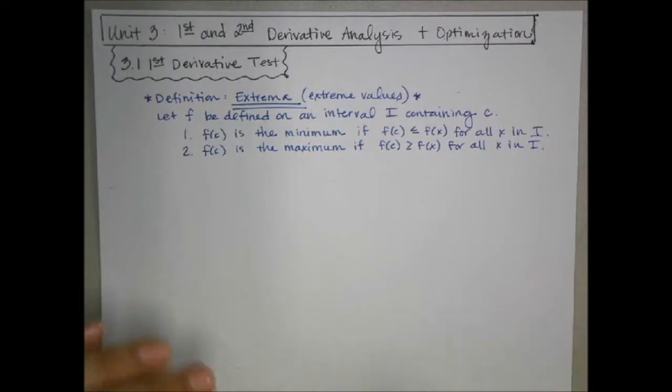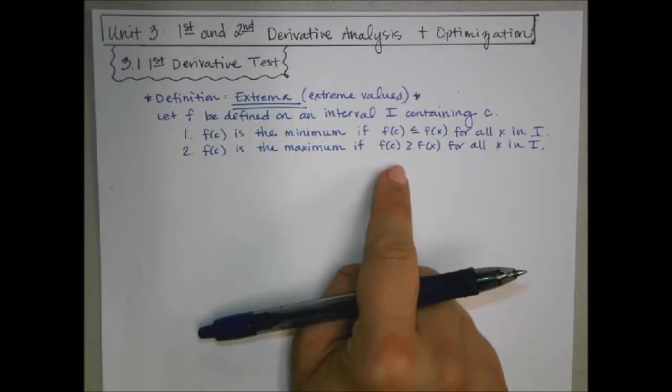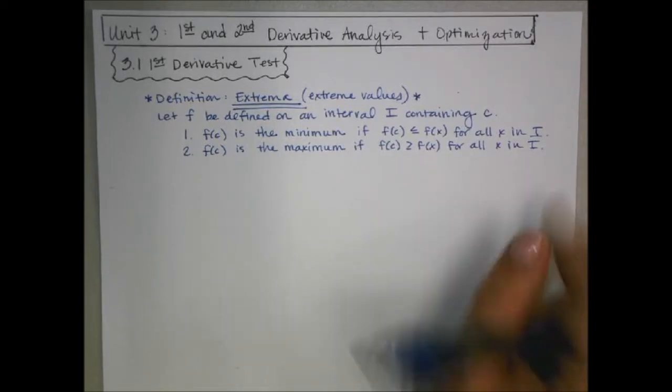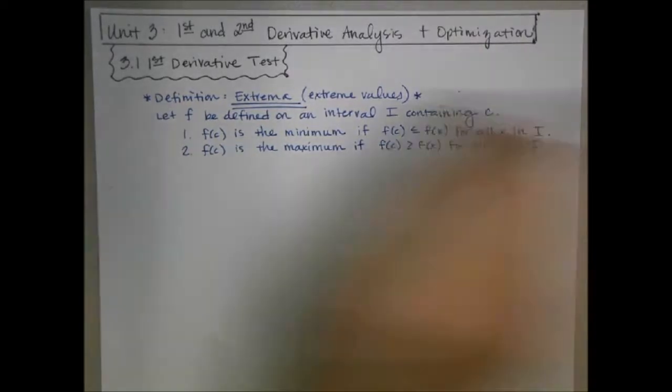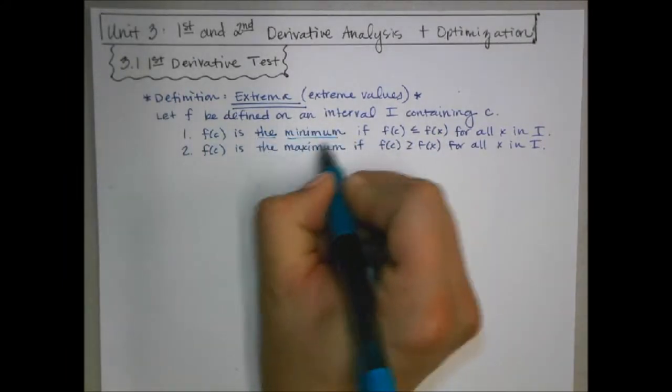Similar to that, we have f of c. Y value is the maximum if that value is greater than or equal to all other values within the interval. So this again is your absolute maximum and your absolute minimum.